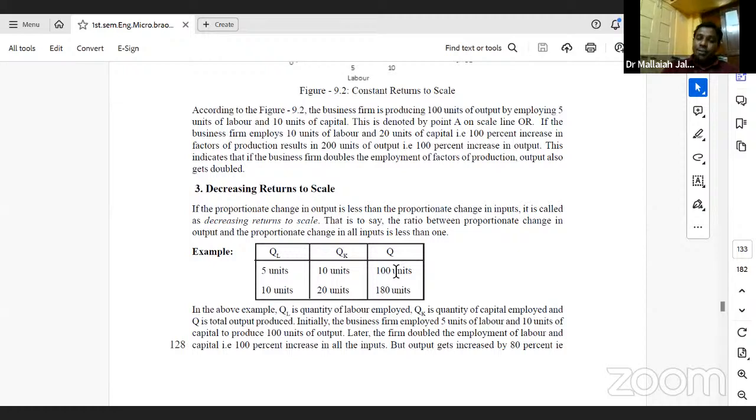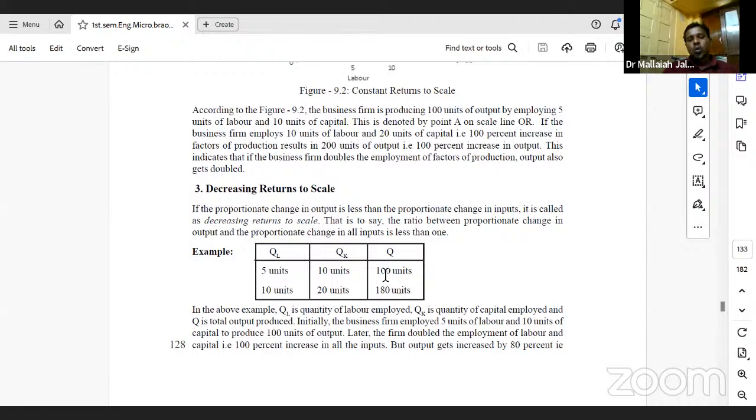If we increase the capital and labor, capital from 10 to 20, the margin is an additional 10, and labor from 5 to 10, here also the difference is 5. So if we increase the proportionate changes of capital and labor, the output increase must be less than the proportionate changes of the capital and labor. See, it is less than the initial.